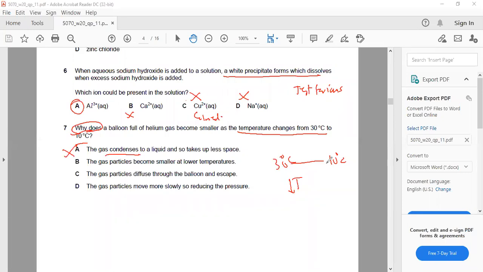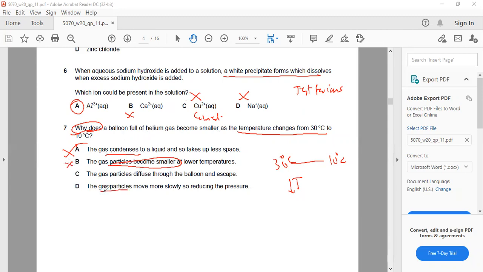Helium does not have a boiling point like this one. Helium is in minus. And the gas particles become smaller: the size of the particle does not change by changing the temperature.